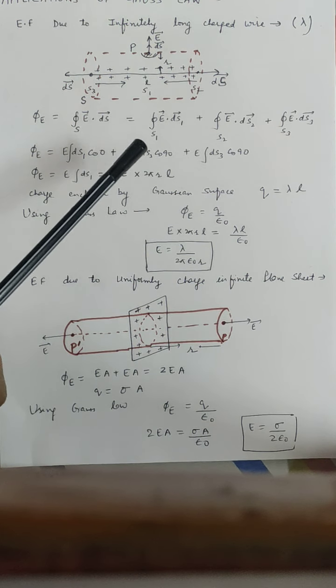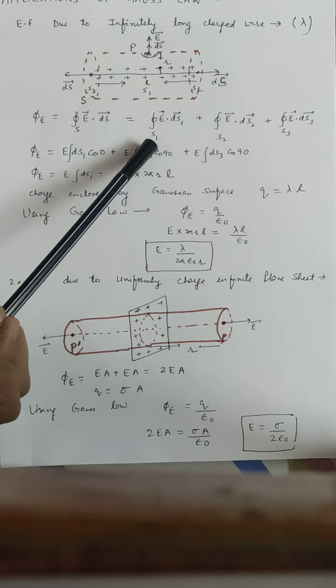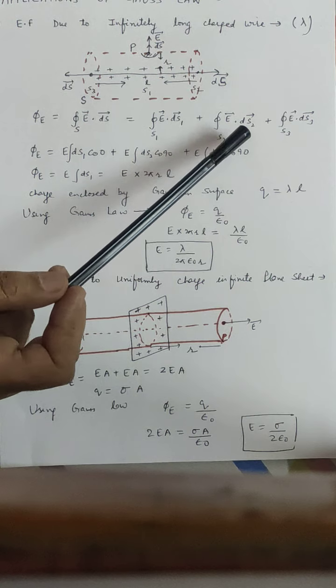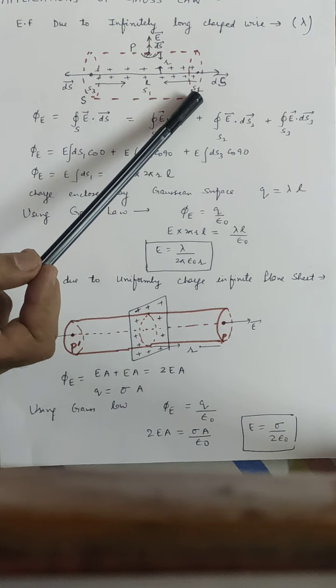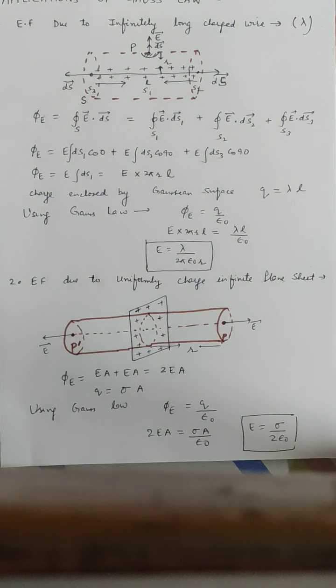Since flux is a scalar quantity, first we will calculate E dot ds1 for the surface S1, then add it to E dot ds2 for the surface S2, and then E dot ds3 for the surface S3. Now we will study it one by one.